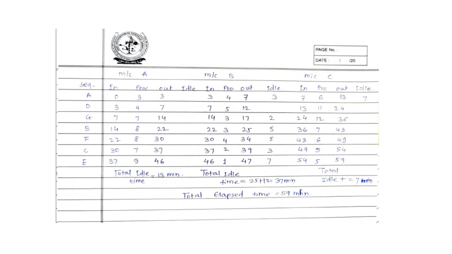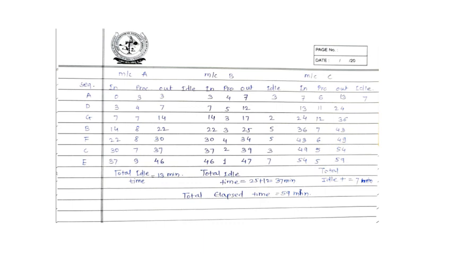The total idle time for machine C will be 7 minutes. The total idle time for machine B will be 37 minutes, and the total idle time for machine A will be 13 minutes, as we can subtract 46 from 59, so it becomes 13.